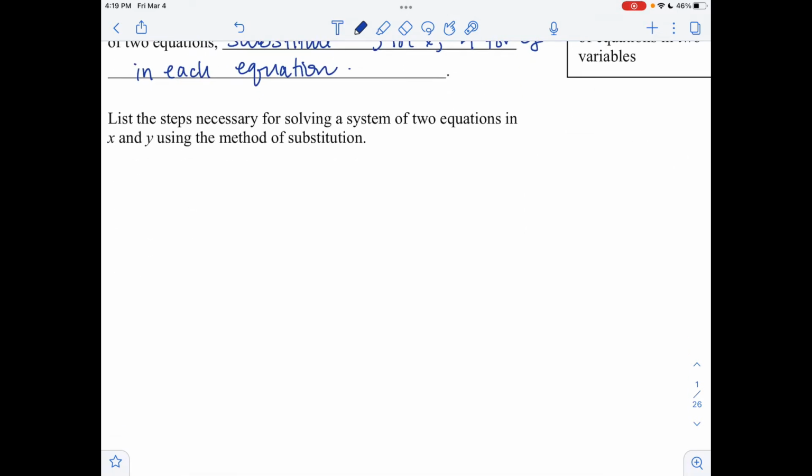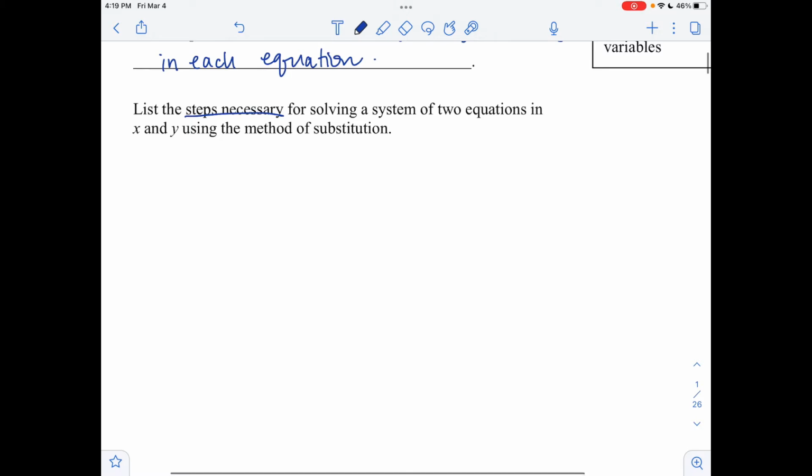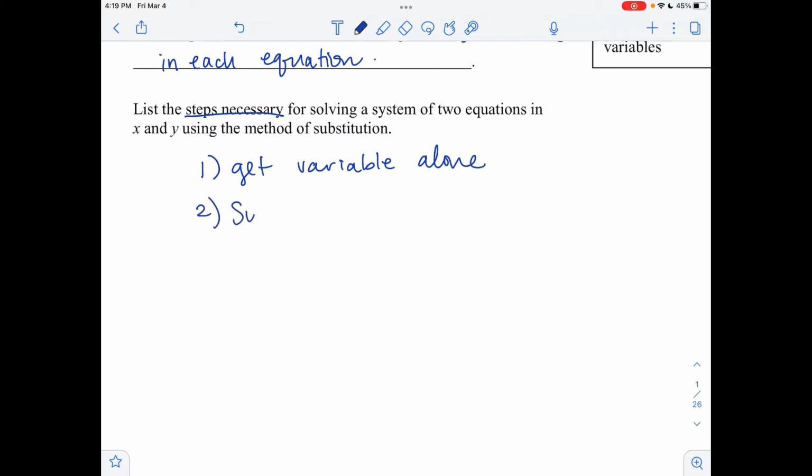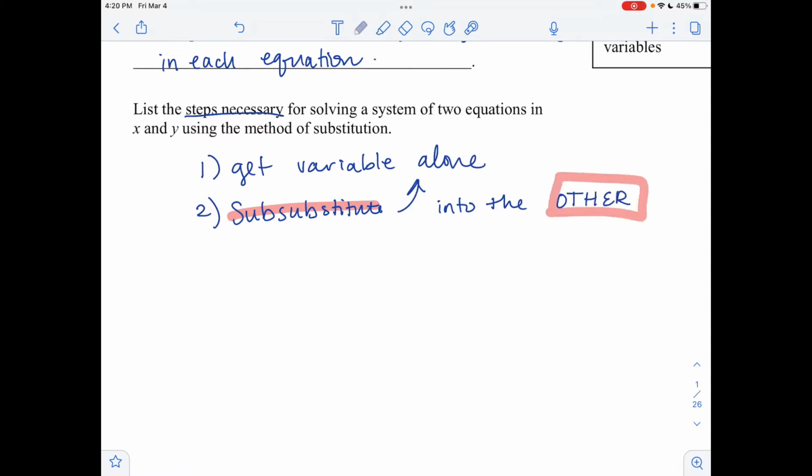So here are the steps necessary for solving a system of equations in x and y. Number 1, you're going to get a variable alone, and this could be either x or y. Step 2, you're going to substitute the thing that you got alone into the other equation.